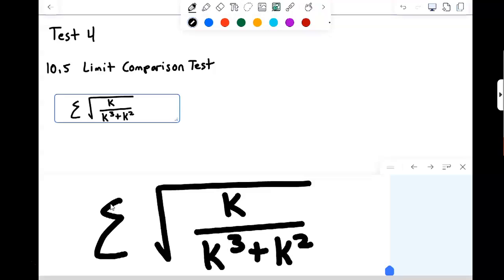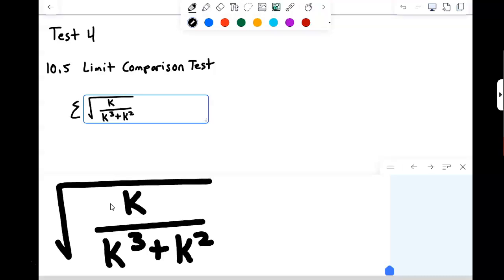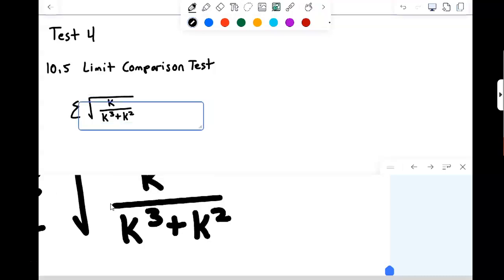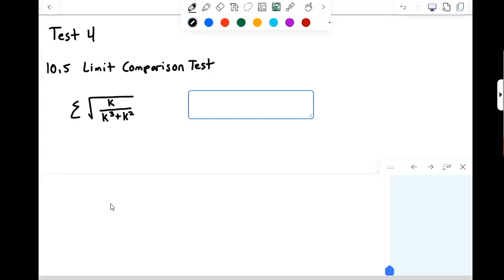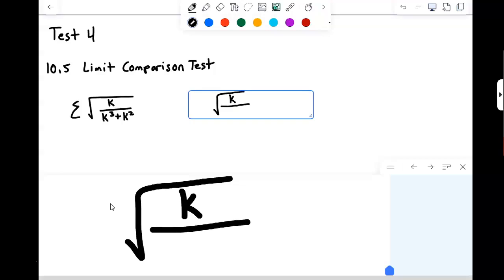This would be a very difficult problem to apply the integral test to. But remember, the idea for the comparison test is we would say, well, let's look at what would happen as we get very big in the k department.